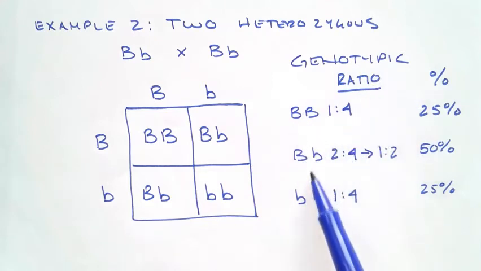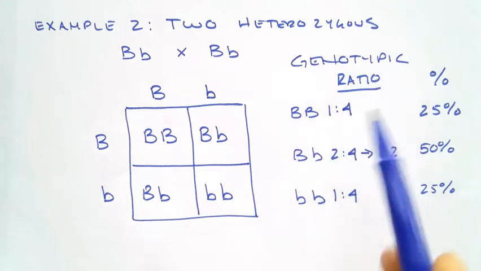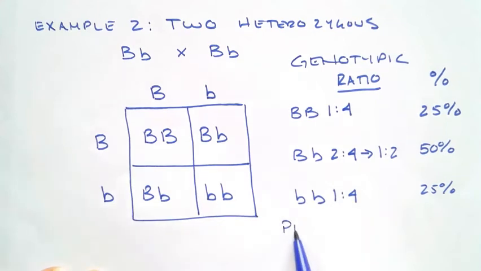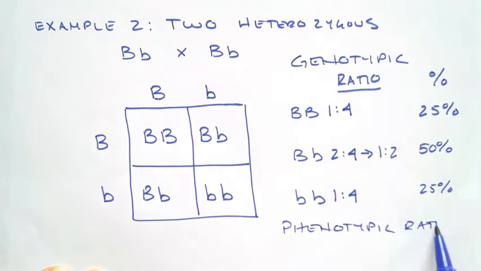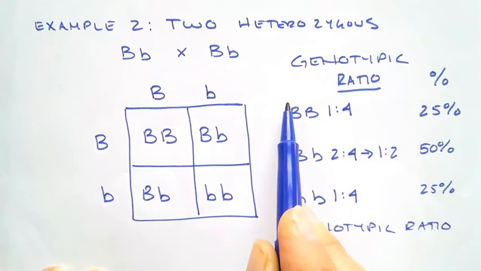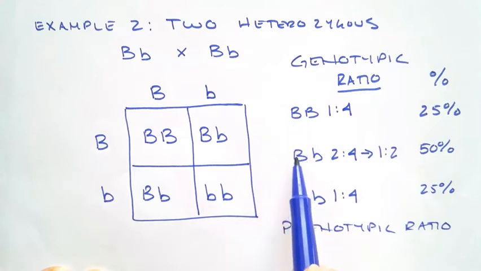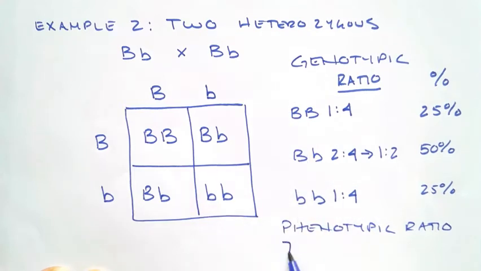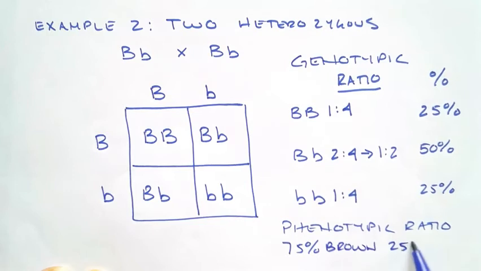They're based on the genes or the alleles, whereas the phenotypic ratio would be, again, since these had big B's, they would be 75% brown and 25% blue.